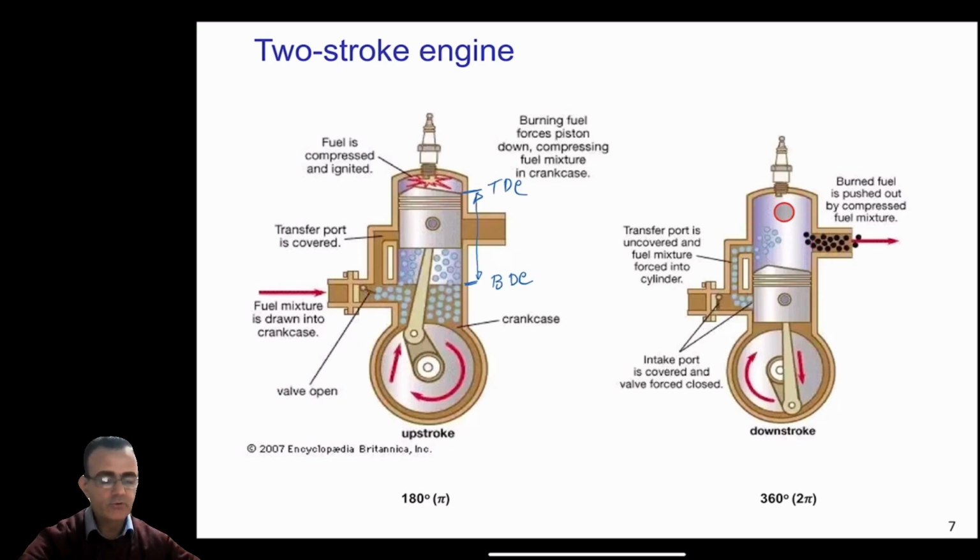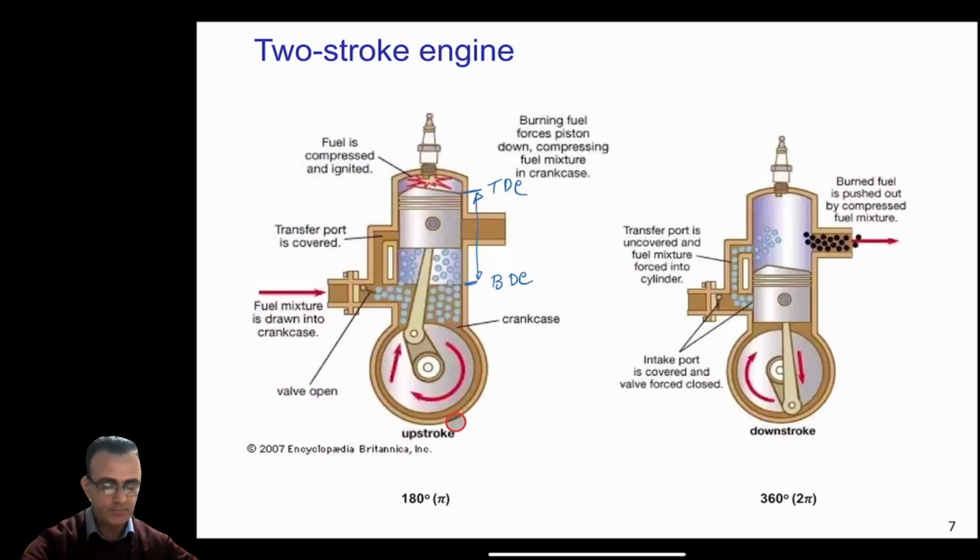So the air fuel mixture will come into this combustion chamber here, and it will push the exhaust gases through this port here.